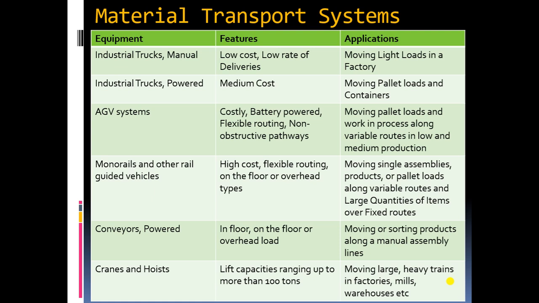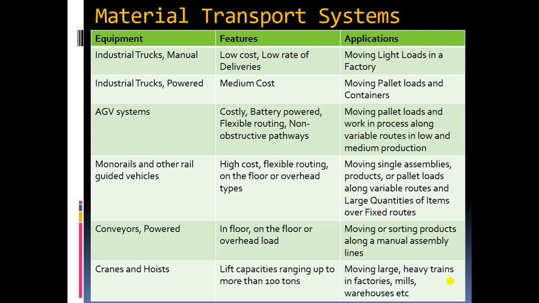Monorails and other rail guided vehicles need a high cost of installation. Then flexible routing, on the floor or overhead types. Applications: moving single assemblies, products or pallet loads along variable routes, and large quantities of items over fixed routes.